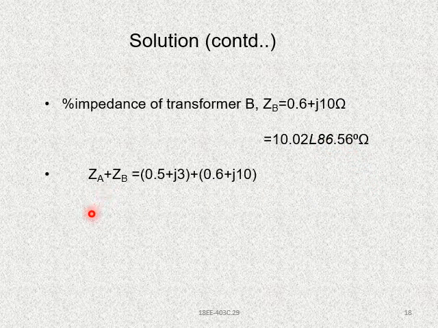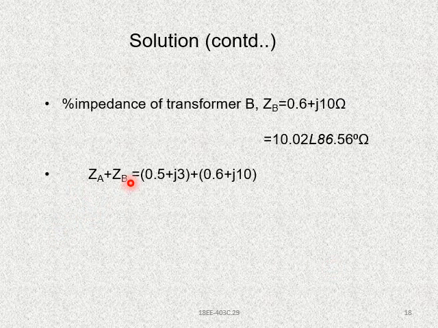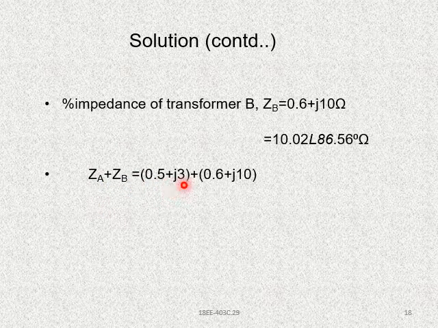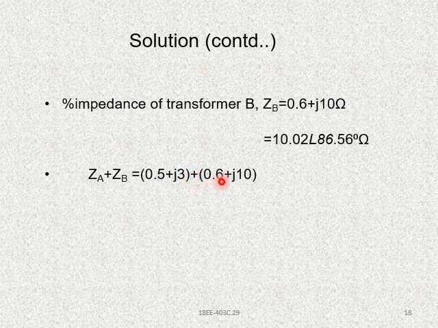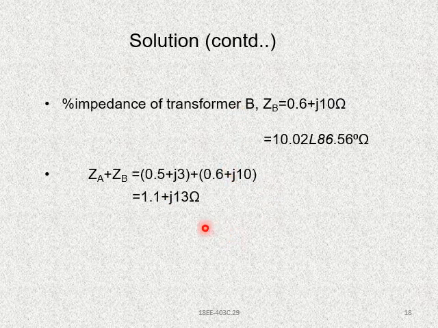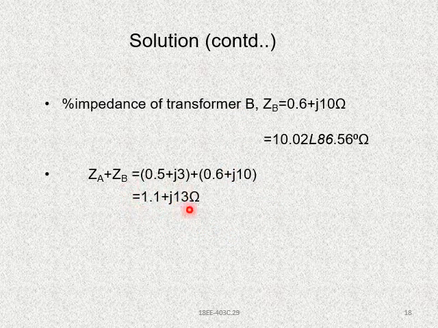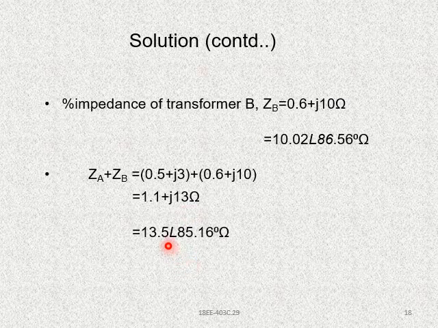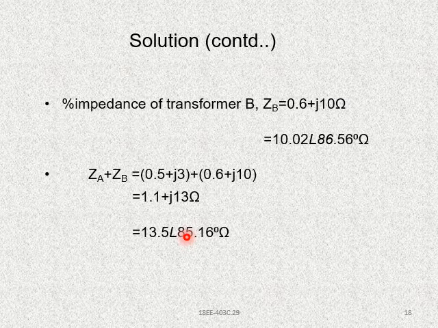Now we can directly substitute, or else we can first find ZA plus ZB as a common factor, that is 0.5 plus j3 plus 0.6 plus j10. Directly substitute in your Casio, so that you will get it in rectangular form, since the Casio's answer bar is designed for rectangular form, and after that we need to convert into polar. Simply press shift 2 and 3, and we'll get the polar form.